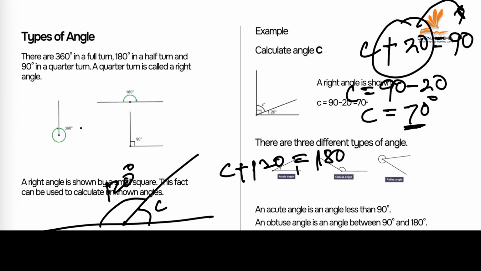If I similarly subtract 120 from both sides, I have C equal to 180 minus 120, and that rightly gives me 60 degrees for C. And that is how all of this goes.